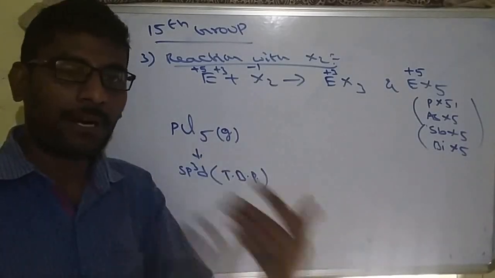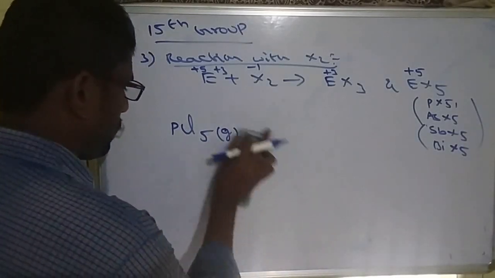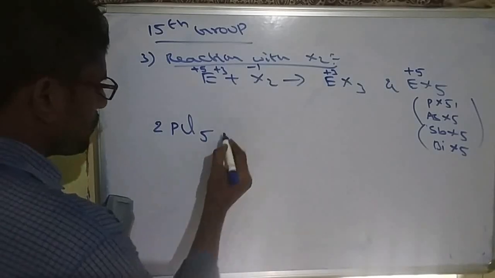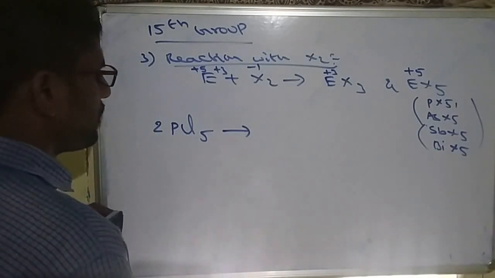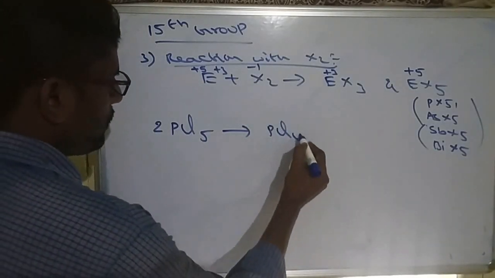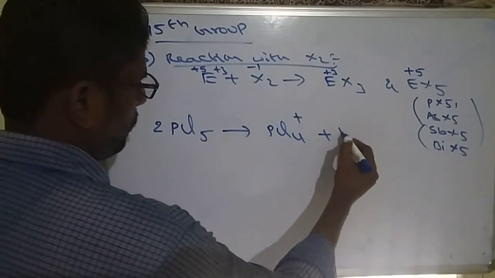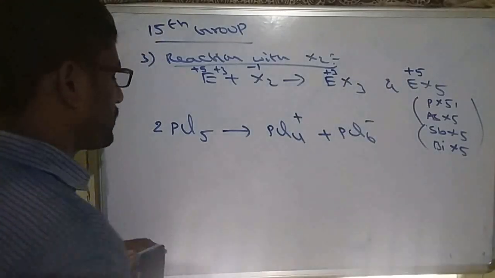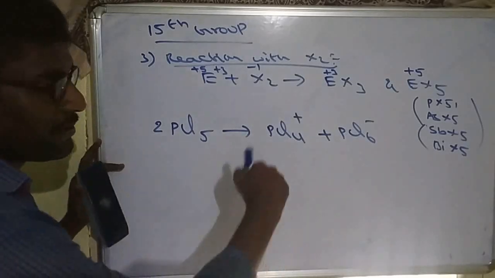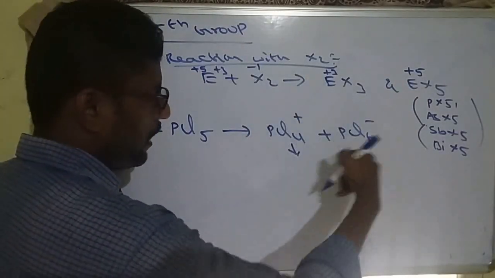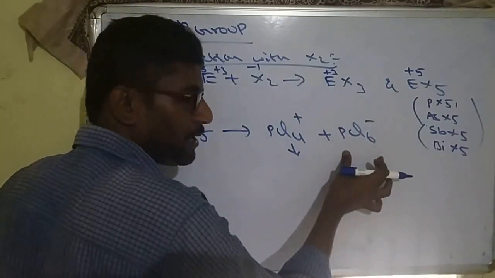But if it is converted to the solid state, two PCl5 molecules combine and convert to PCl4 plus and PCl6 minus.